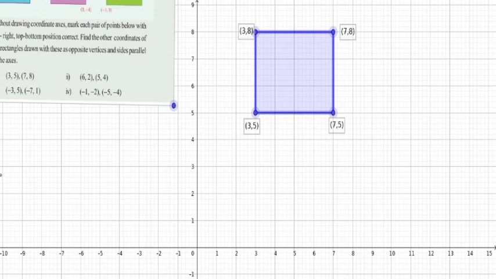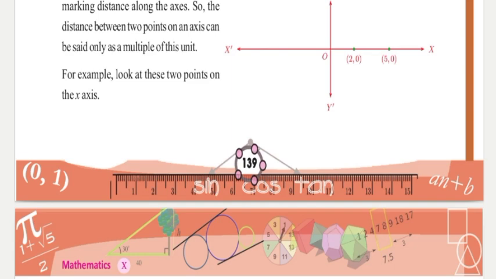Okay, so next we are going to our next section of the chapter, that is distance between points on a plane. See here you can see the x axis and y axis and 2 points, that is (2, 0) and (5, 0).